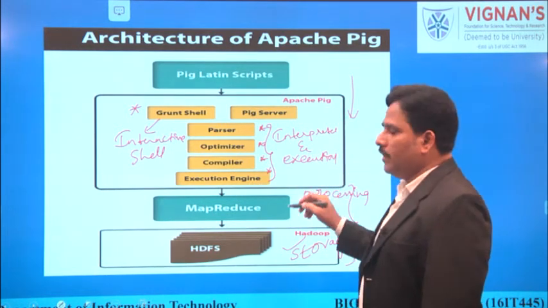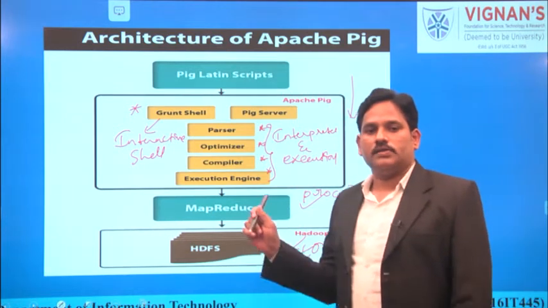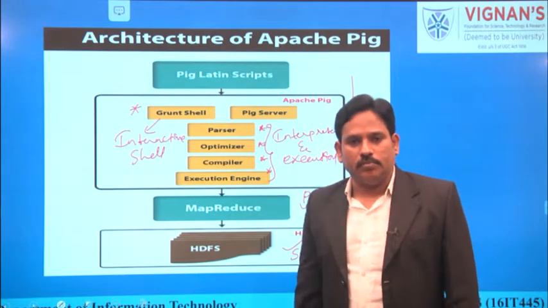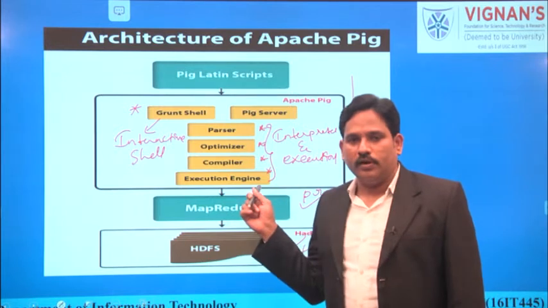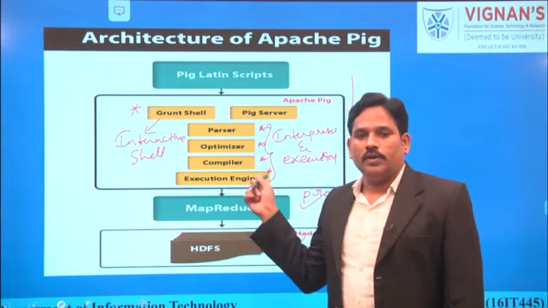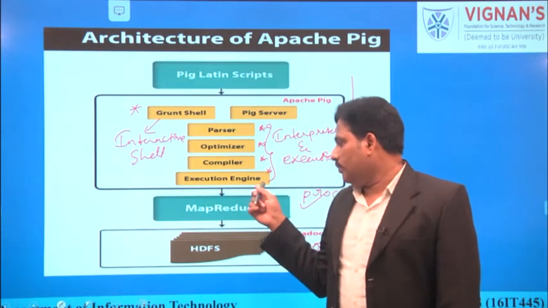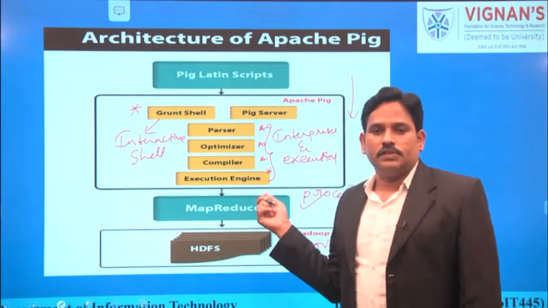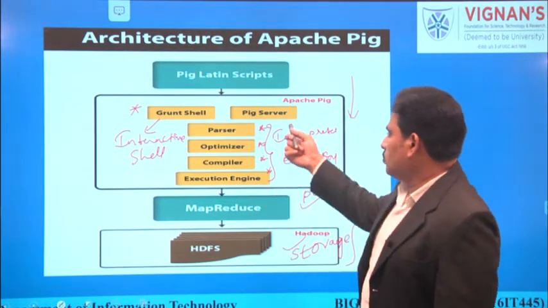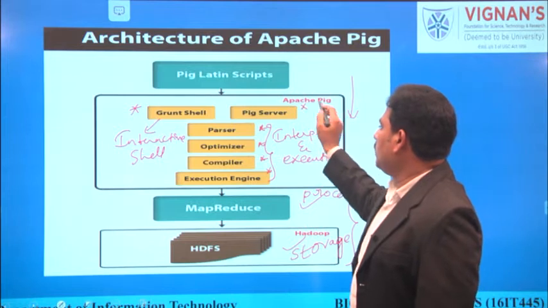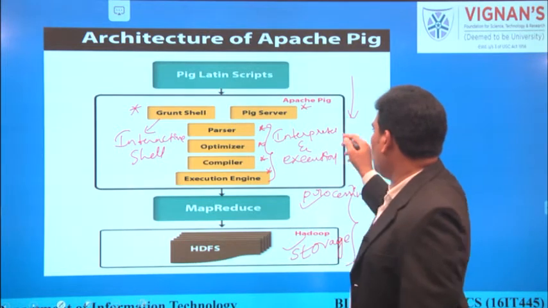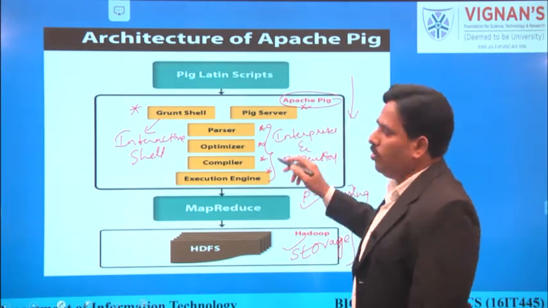In this module, we can perform parsing operations, compilation operations, and execution of programs, and we store all the information by performing operations on the execution engine. And we have the Pig server. This complete module we can call the Pig module.